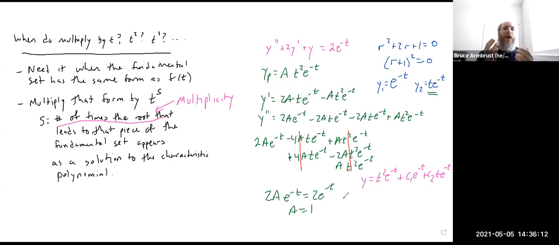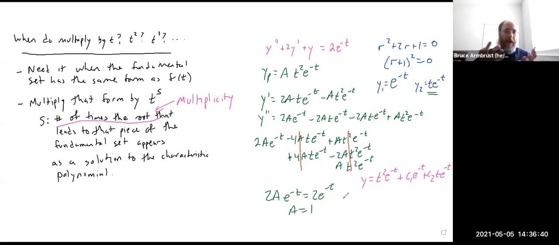All right, so that's how you know when it has to happen: when the guess that you're going to have for your particular solution has the same form as part of the fundamental set. Okay, so it's pretty easy to recognize when you have to do that. All right.